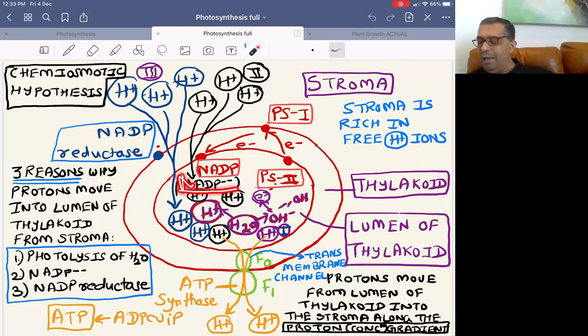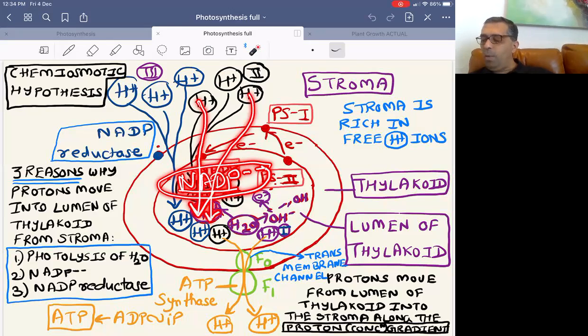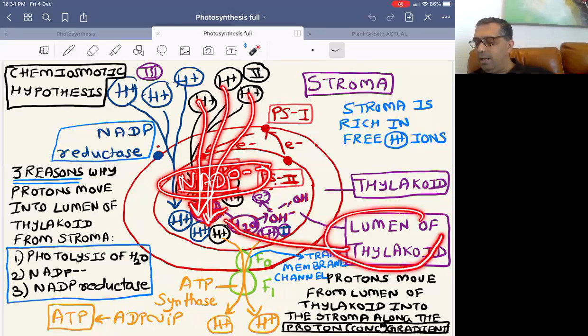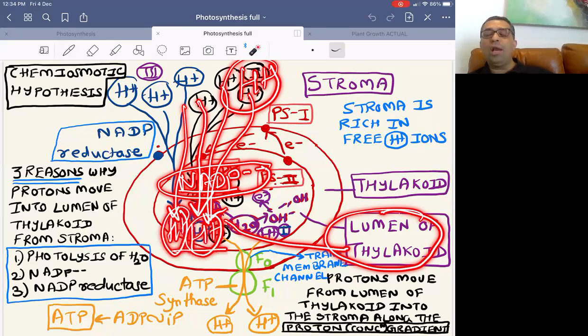If you remember, one NADP can attract or absorb 2 electrons, which then combine with 2 protons to form NADPH2. So NADP minus minus now has a strong affinity for protons, and protons move from the stroma into the lumen of the thylakoid, and lumen of thylakoid में proton accumulate हो जाएगा.